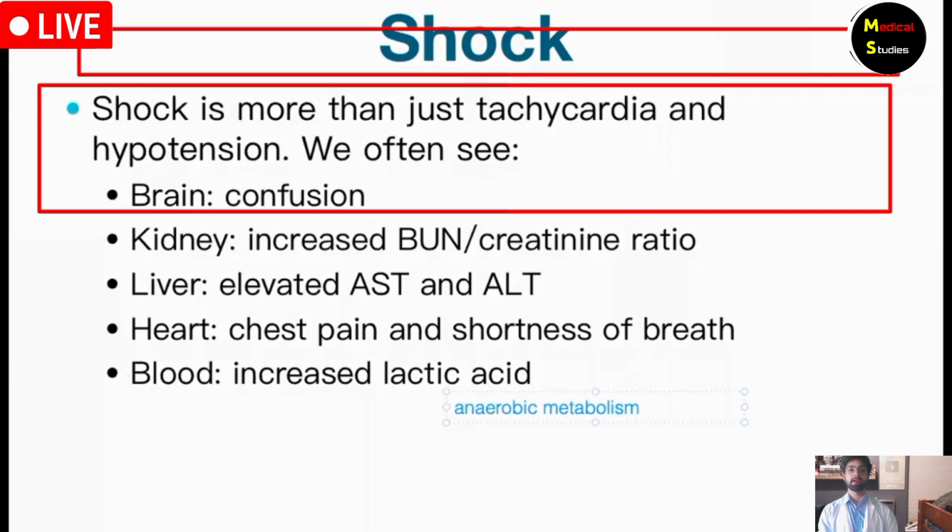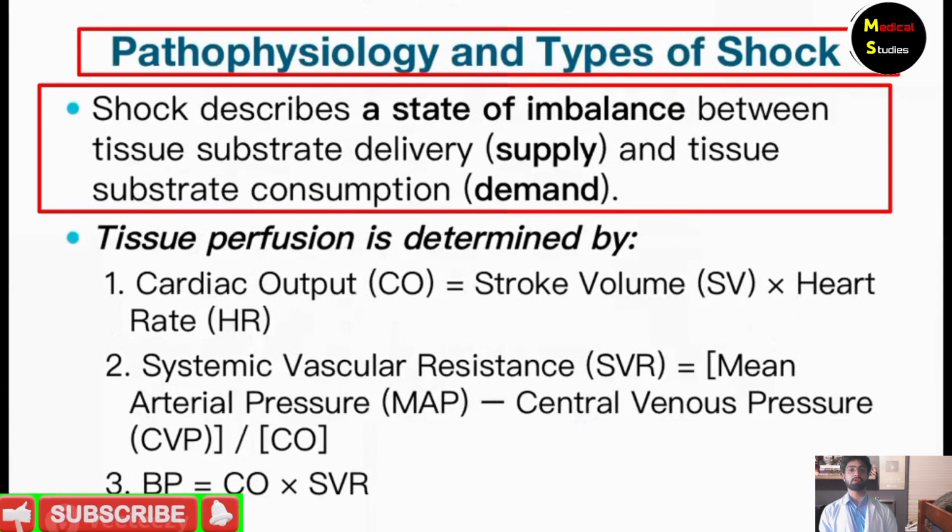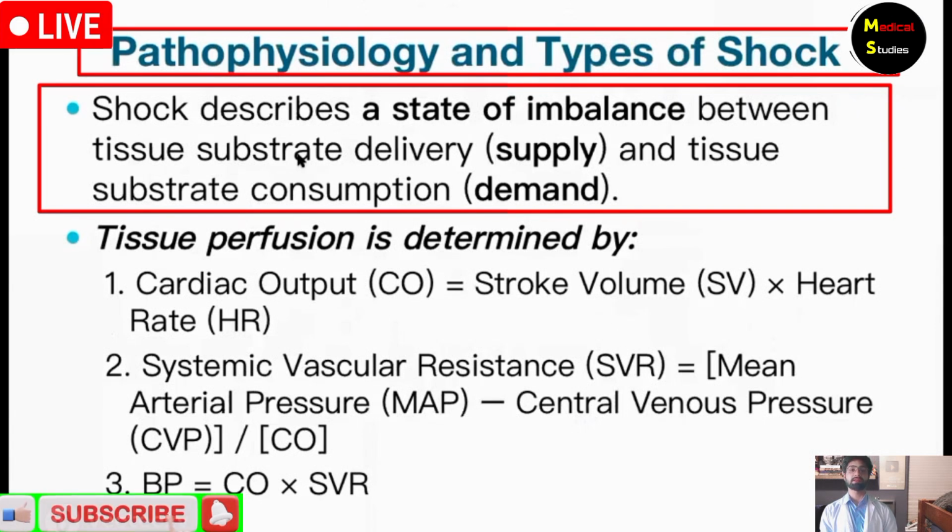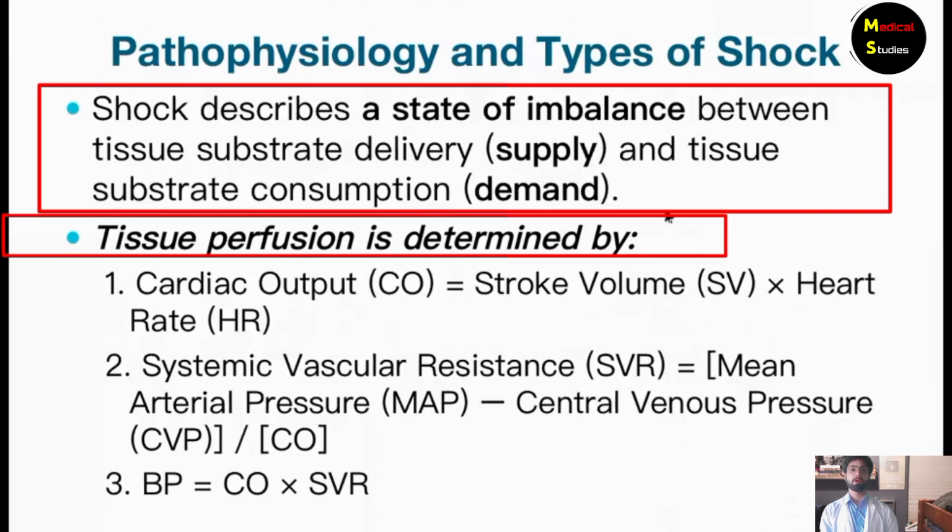It's a clear-cut imbalance: your body cells show increased demand and decreased supply of blood. That is shock. As medical students, we have to know how to determine tissue perfusion.